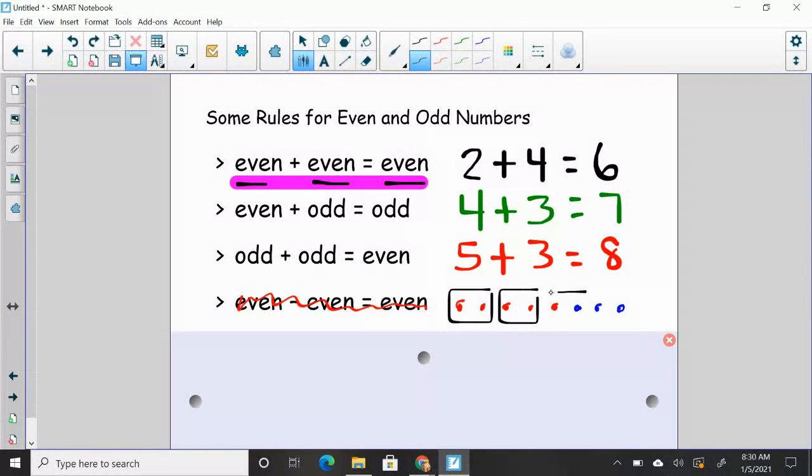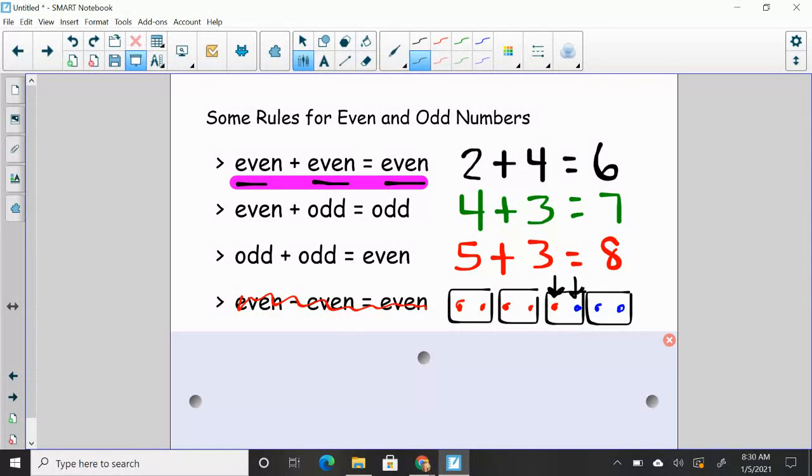These guys are buddies, these guys are buddies, these guys are buddies. The one left out from the 5 and the one left out from the 3 became buddies, which resulted in your even sum. So your leftover from the 5 and your leftover from the 3 partnered up. So odd plus odd will result in an even.